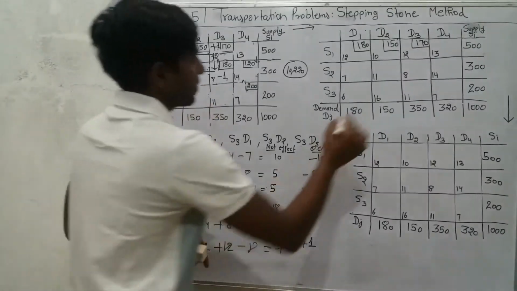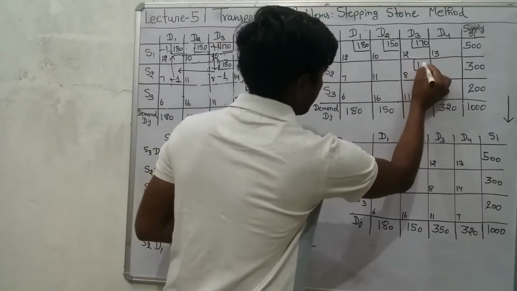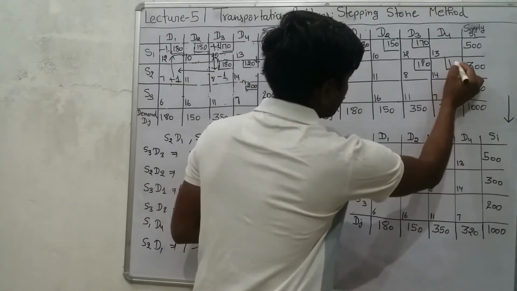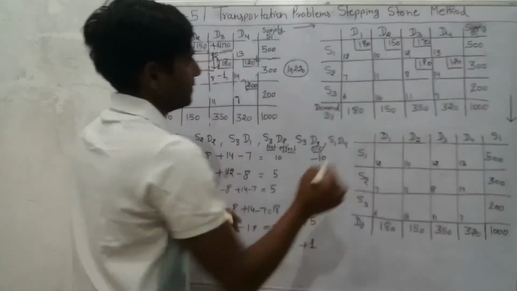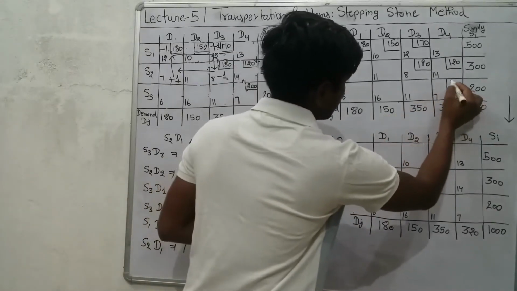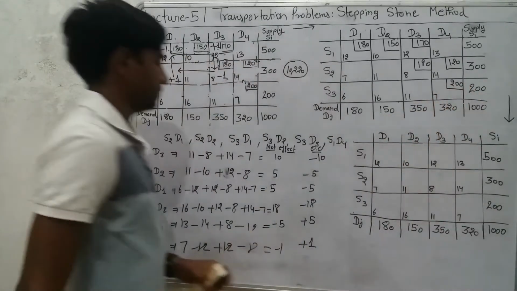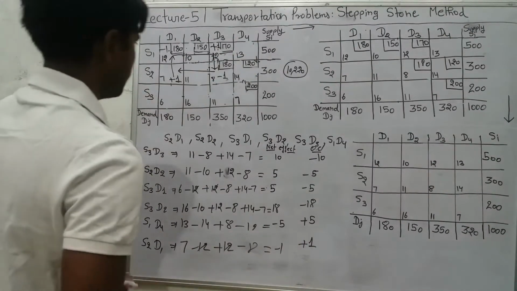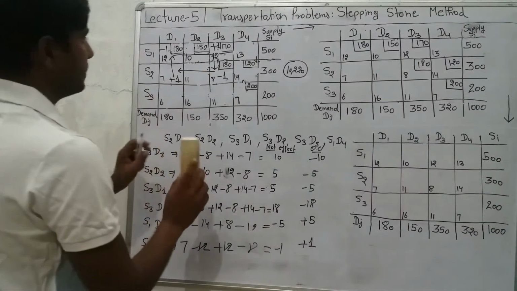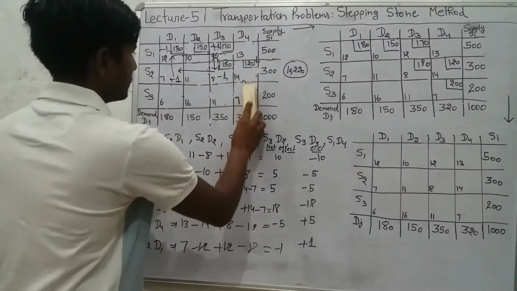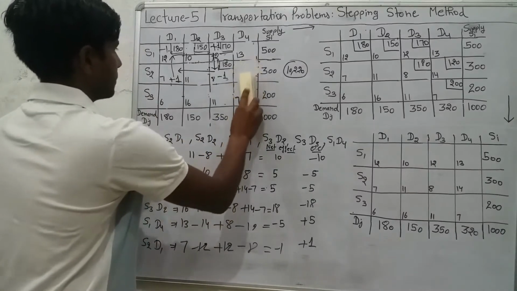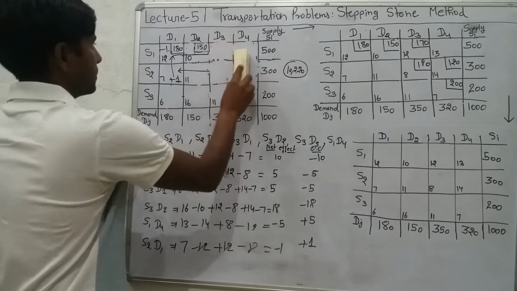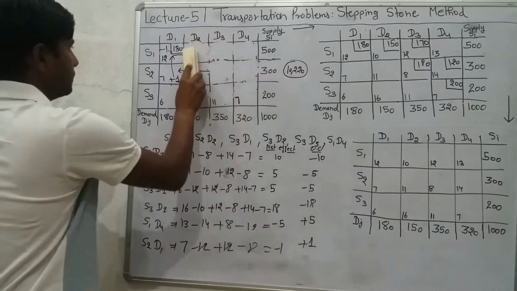And then we come down to 180, 180, 120 and 200. So basically it was the solution, the initial basic feasible solution. So I'm just clearing all the values here to write them again, so that it creates a clear picture to you.